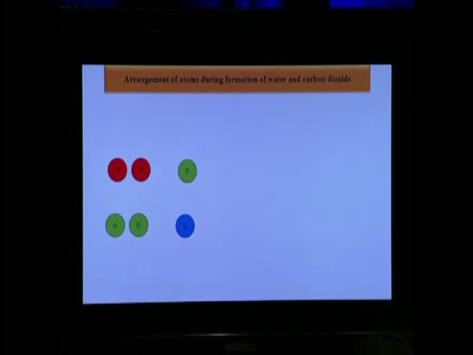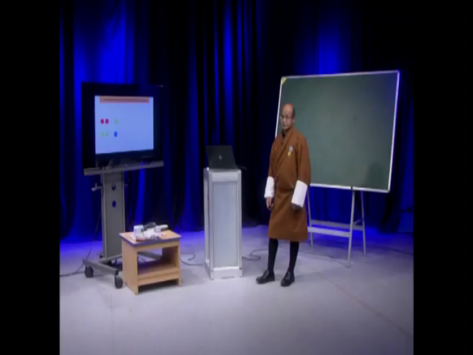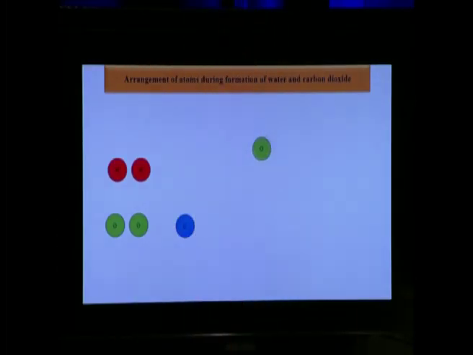Now, the arrangement of atoms during formation of water. So how is water formed? One atom of oxygen will combine with 2 atoms of hydrogen. In reality, the bond in hydrogen breaks and it will combine with oxygen. First look at oxygen, then 2 hydrogen will combine with this to form a molecule of water.